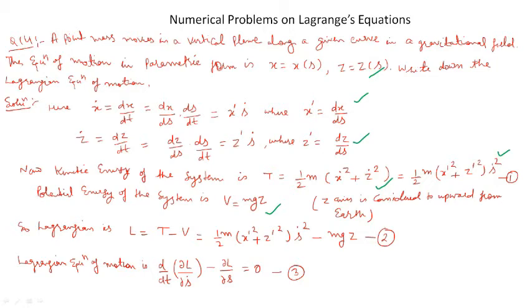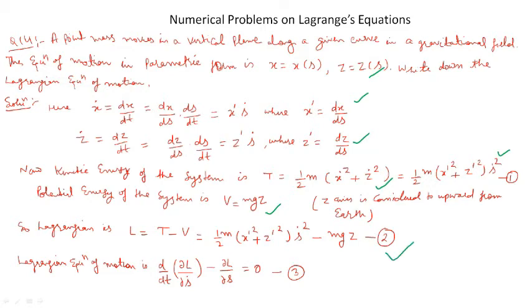Now the Lagrangian of the system is kinetic energy minus potential energy, and when we put the values of T and V, we find the Lagrangian is of the form 1 by 2 m times (x dash square plus z dash square) into s dot square minus mgz. Let us say it is equation number 2.